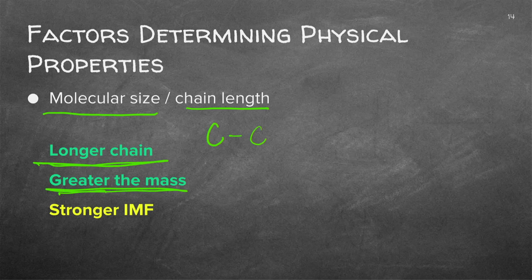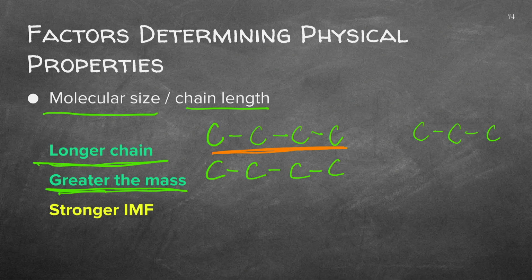If we've got 3 or 4 carbons, we can see the mass of the butane will be more than the propane. Can you see, if I've got another molecule, because it's intermolecular, I've got that bond there. It would be much stronger than one with just 3.